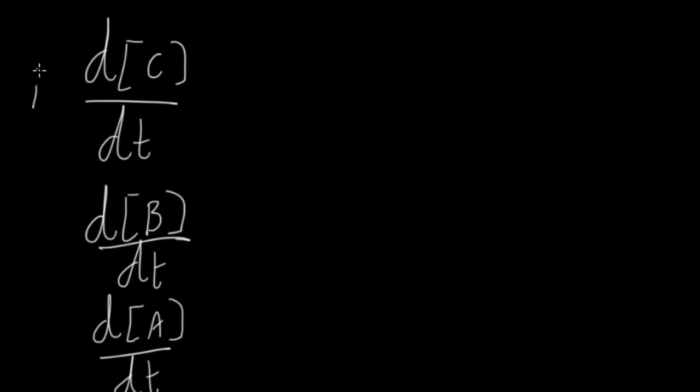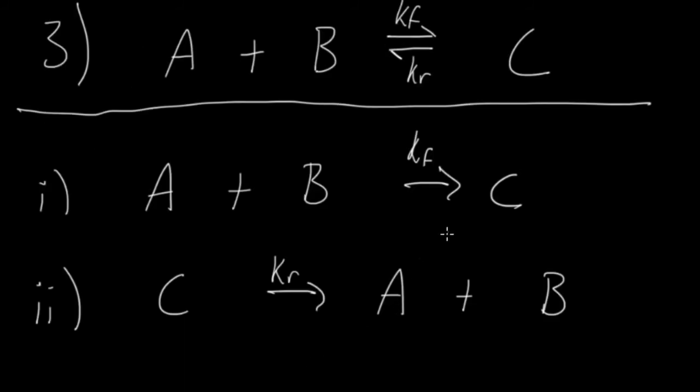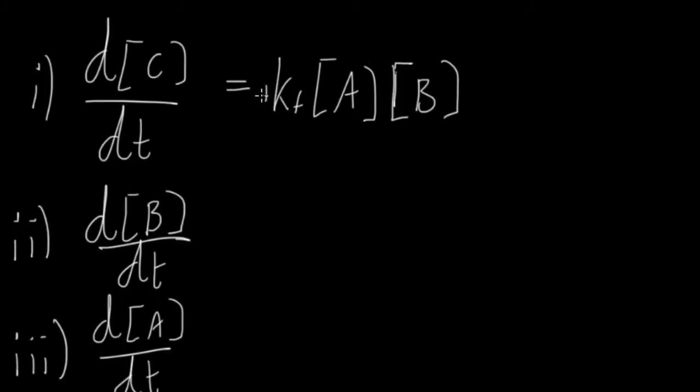We have three reactants, or three products, and so we have three total ODEs. dC by dt is Kf A B, and we see here that C also reacts to become A plus B, so the C will react, and therefore it will be negative, because we're talking about the C ODE, minus K reverse, Kr times C, because the reverse reaction is only dependent on C.